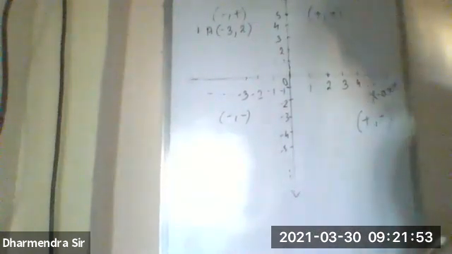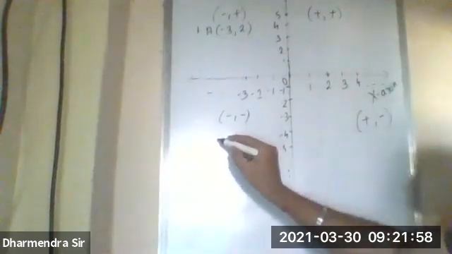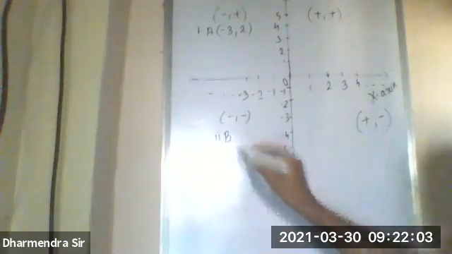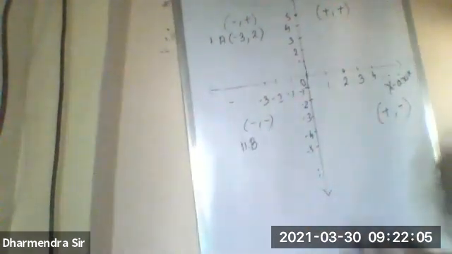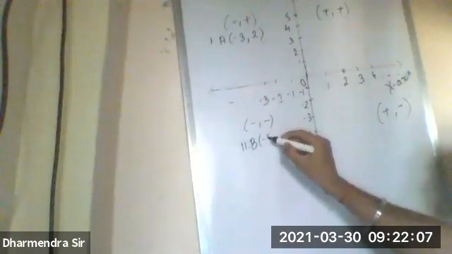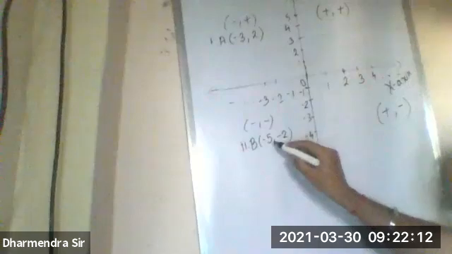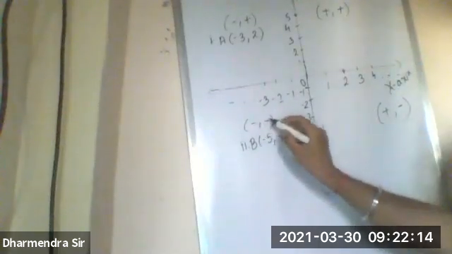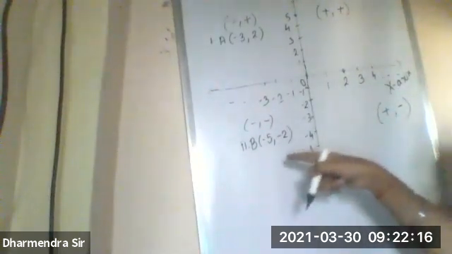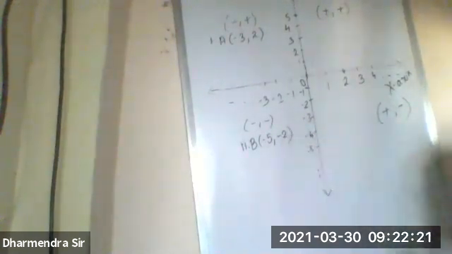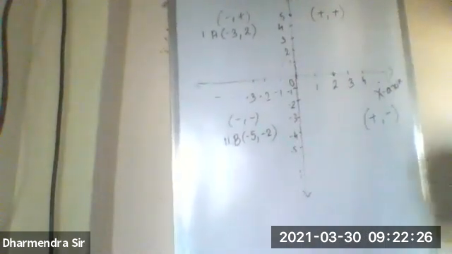What about the second one? B: minus 5, minus 2. As we can see, both coordinates have a negative sign, and minus minus is in the third quadrant. So the answer is point B lies in the third quadrant.